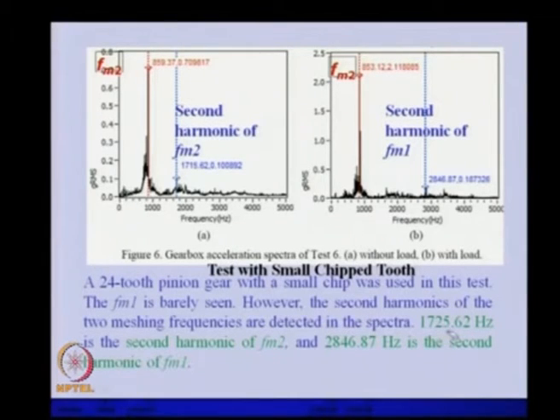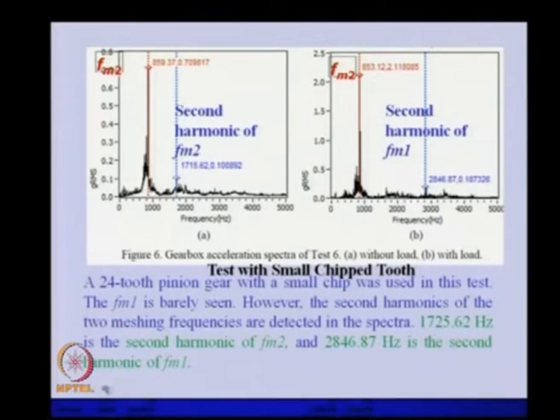The 1725, that is this one, and the second harmonic of this is 2846, you can see here. Some higher multiples of the harmonics of the mesh frequencies are visible, but FM2 is more predominant, and FM1 is not that predominant, but the second harmonics are picking up.